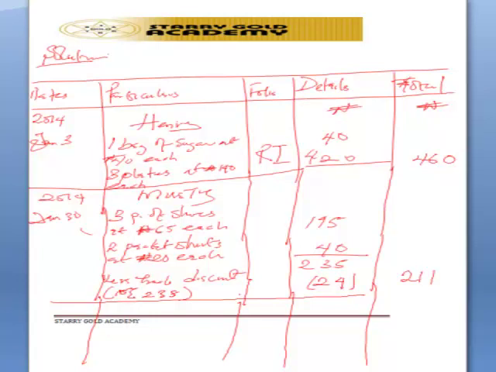Sum it together, that will give us 671. So this is a transfer to returns inward account. So that is it.